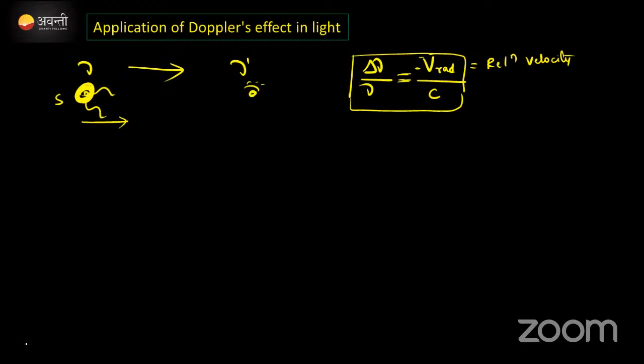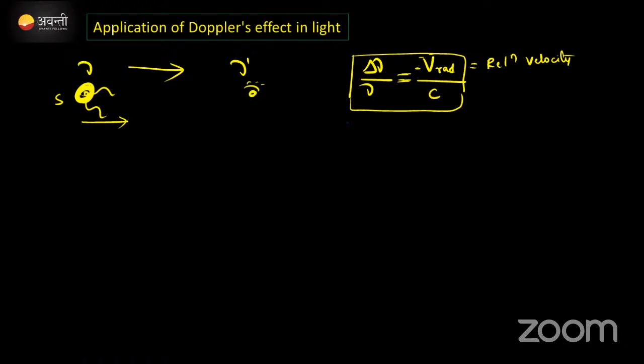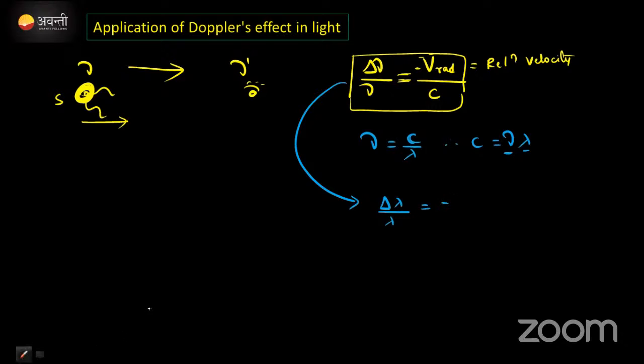Okay. What if in case they are asking in terms of lambda, है ना? We know nu is equal to c by lambda. C का वैल्यू कैसे दिखता है? C is equal to nu lambda. Means here nu changes means lambda also changes. That's why we can write this as delta lambda divided by lambda is equal to v radial divided by c. Radial means relative velocity.